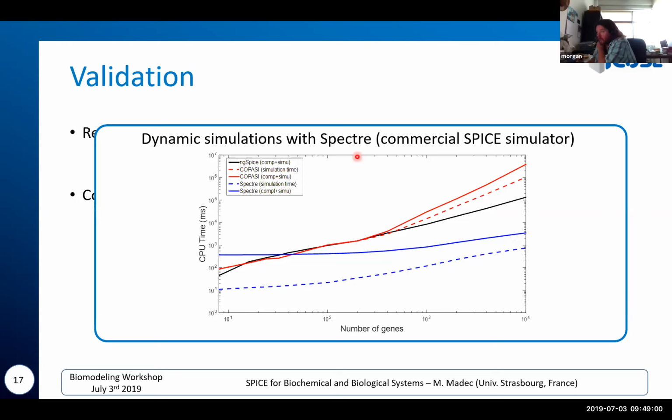So with SPICE, you can really simulate very large circuits with a very short computation time. Here, it's an artificial gene regulatory network with 10,000 genes and 10,000 regulations, and you obtain the result in 1 second with SPICE, whereas it takes 1 hour with Copacy.